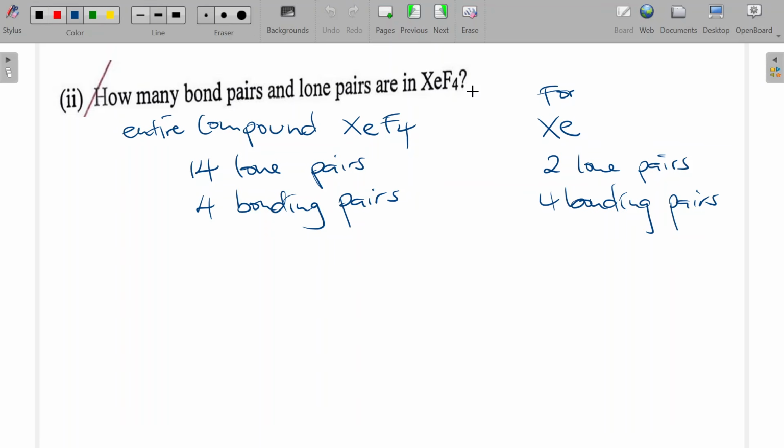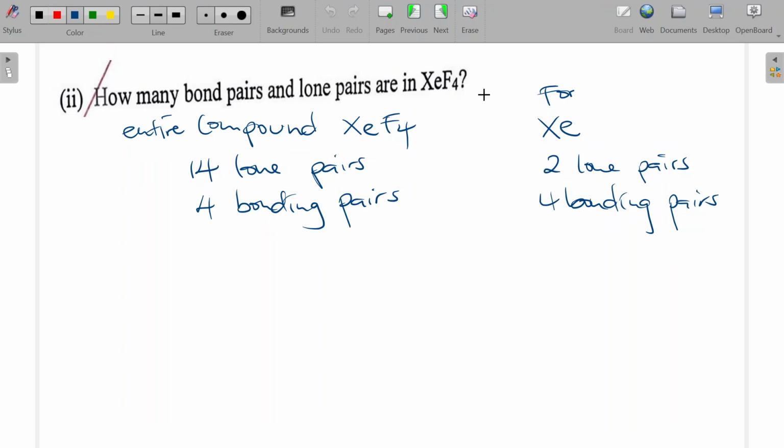So for the entire molecule, we are just calculating the lone pairs that are there. We calculated lone pairs of the fluorine, the xenon, all of them. We were counting them in short.